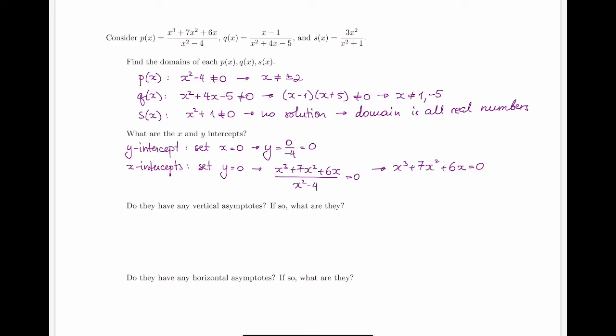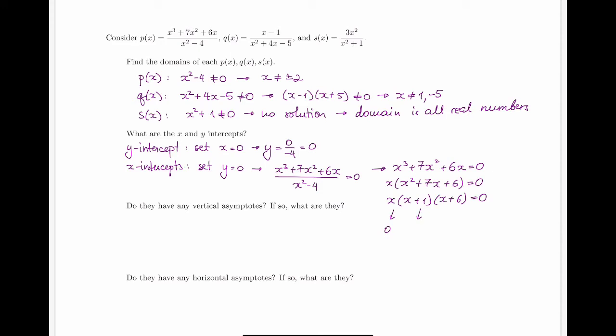I notice that I have a factor of x amongst all of the pieces, so I can take out one factor of x. And at this point I also notice that I can try to factor this quadratic, and in this case it will be nice. It will be x plus 1 and x plus 6, which equals 0, which will then, again, at every point produce one solution.